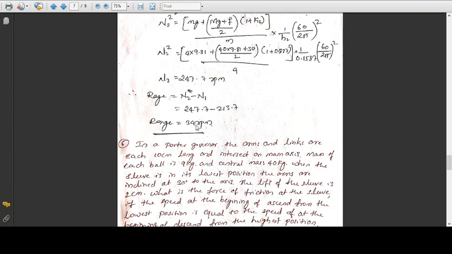Based on that you will get the value of n1 by considering the friction. Similarly, you need to consider r2. While considering r2, again you need to calculate alpha and beta, then you can calculate n2. Once you get the value of n1 and n2, you need to calculate the range of speed.